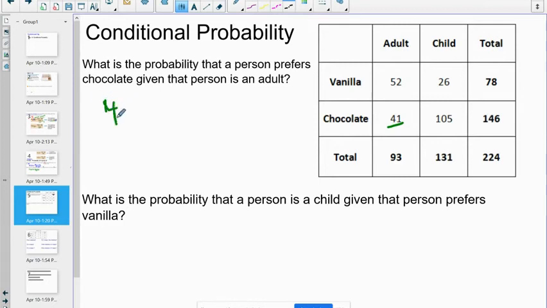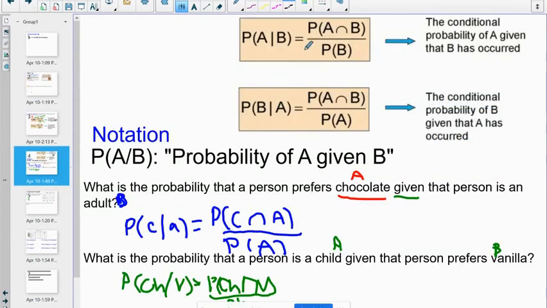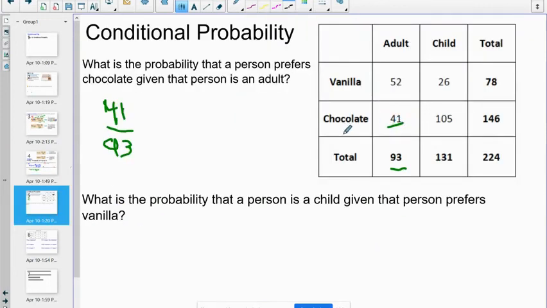Chocolate and adult, 41, over the probability of there being an adult, which is 93. If you're wondering where I got these numbers, remember up here: the probability of A and B, where they meet up, over the probability of B, which is right down here, 93.